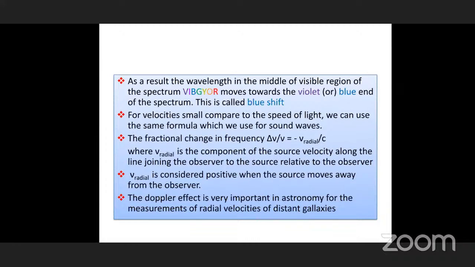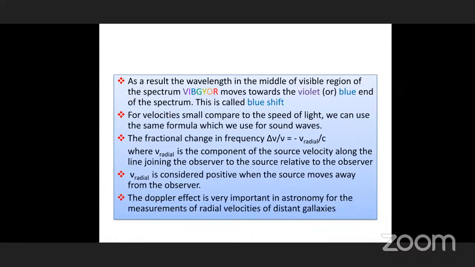That is, delta nu by nu is equal to minus v radial by c, where v radial is the component of source velocity along the line of sight.